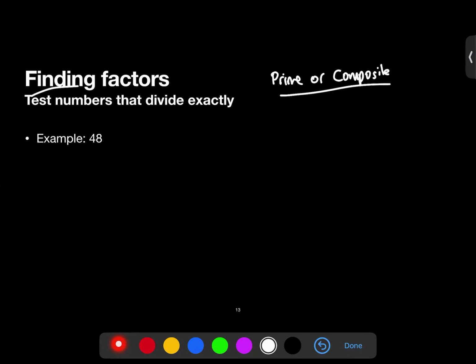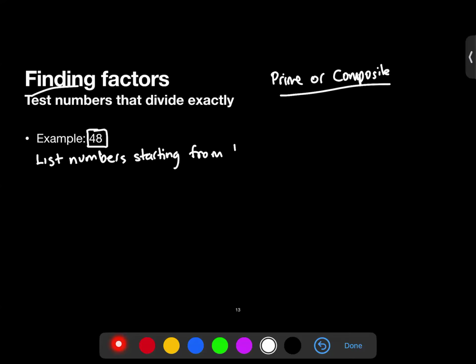So the way that we find factors is we list numbers starting from 1. So we'll start 1, 2, 3, 4, and so forth and we'll see if each number divides 48 exactly.